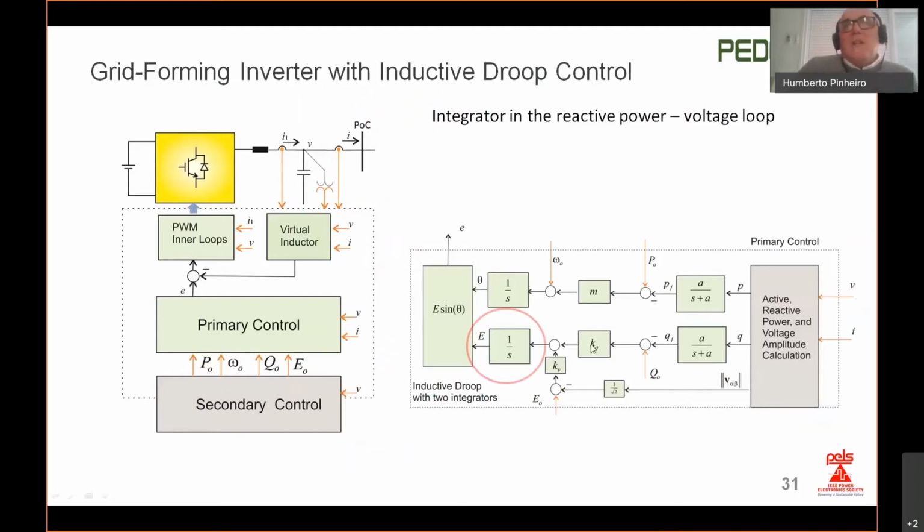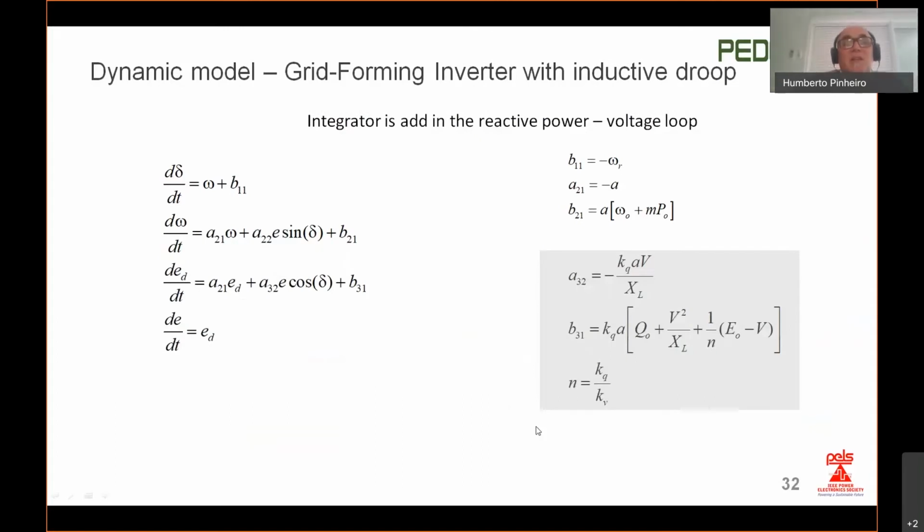Actually, these 2 parameters are related with the Droop coefficient n, that relates the reactive power and the voltage. So this gives an additional degree of freedom, and it solves the problem of this steady state error that we had on the voltage var characteristic.